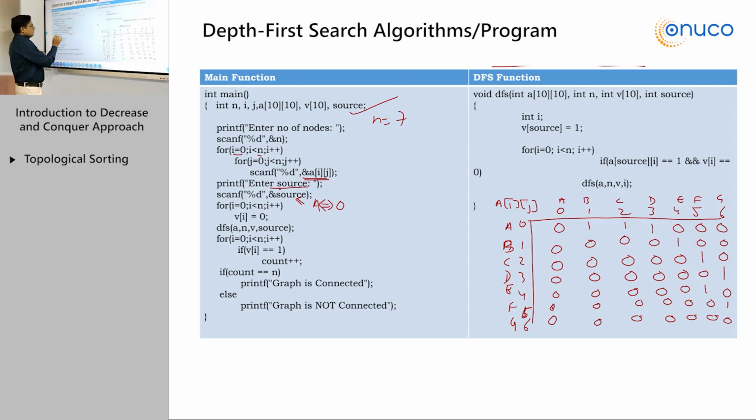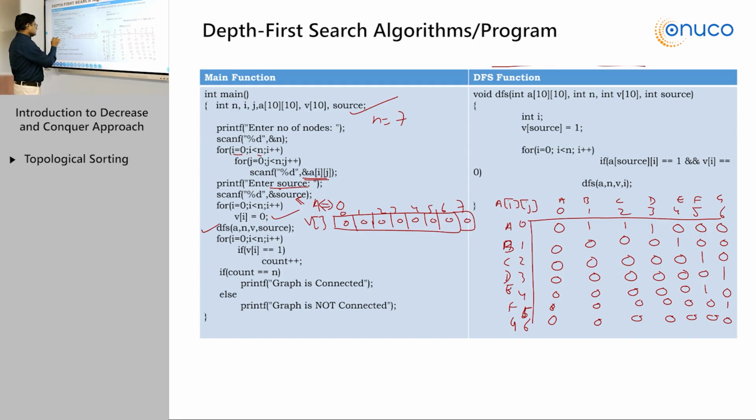We are going to write a for loop, and we are going to keep track of V of I. Here we have 0, 1, 2, 3, 4, 5, 6, and 7. Initially, we are making visited of all the nodes 0 based on these statements.